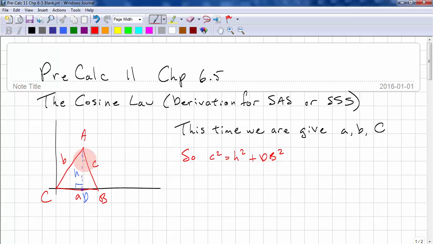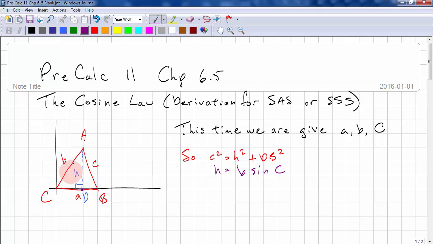So this is a right triangle. So c squared, and h in this case means height, not hypotenuse, and we have DB squared. So that's fairly simple.